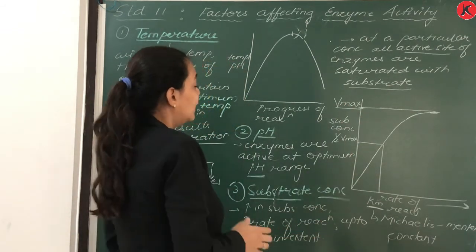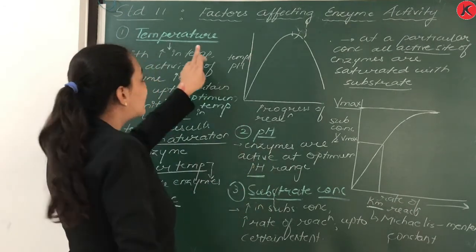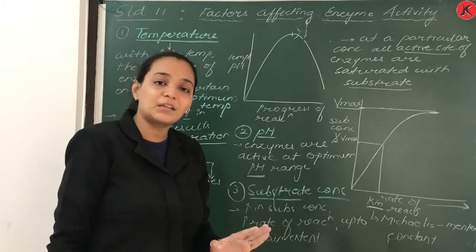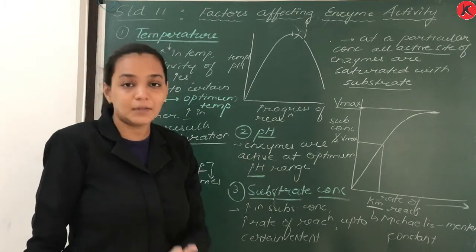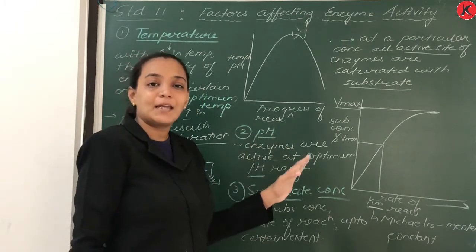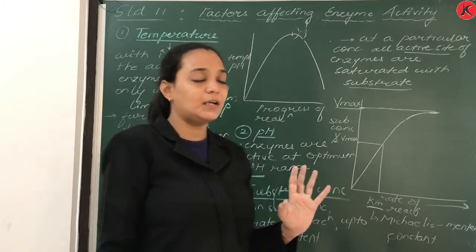So Km and Vmax are very important here, right? So among the factors affecting enzyme activity, as temperature increases, enzyme activity increases up to an optimum temperature. Same way, enzymes are active at a specific pH. If you further change the pH, the activity of the enzyme will decrease.